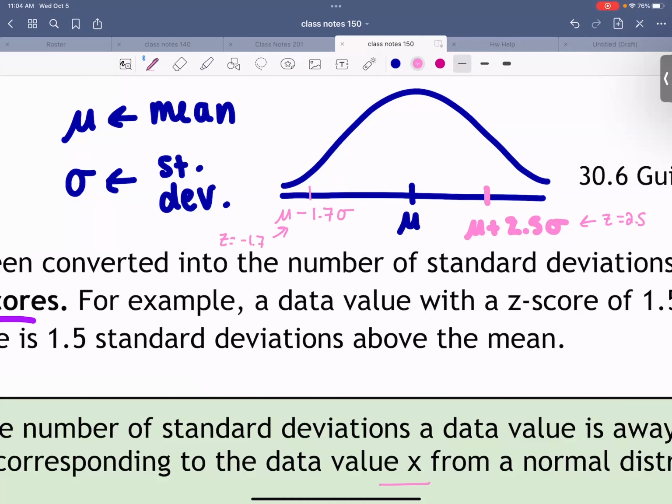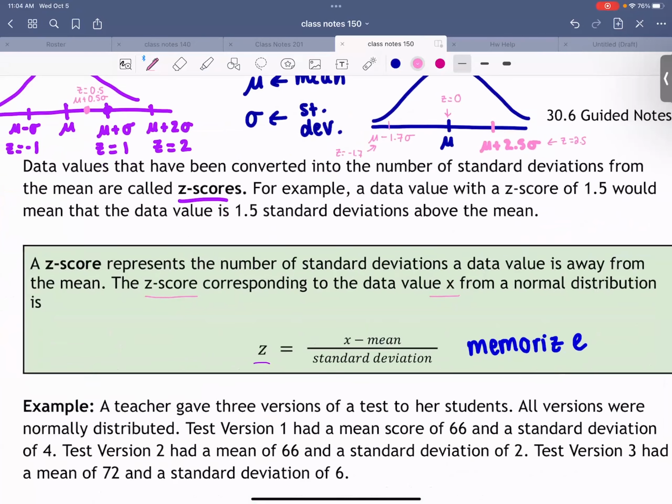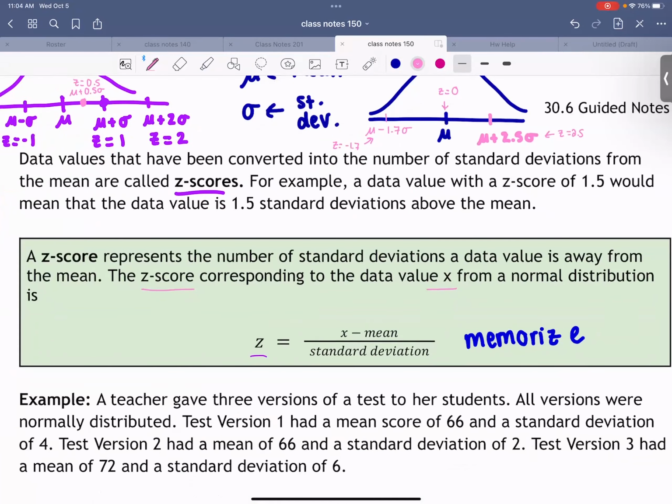Yeah, negative 1.7. And what about the mean itself? What is that z-score? How many standard deviations away from the mean am I at the mean? 0, right? At the mean, I am no standard deviations away from the mean, which is what the z-score represents.